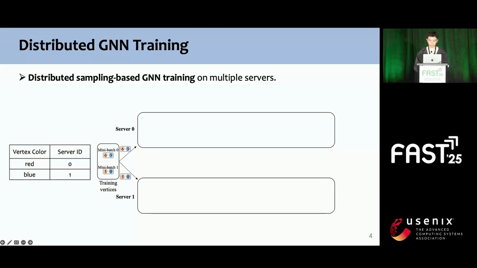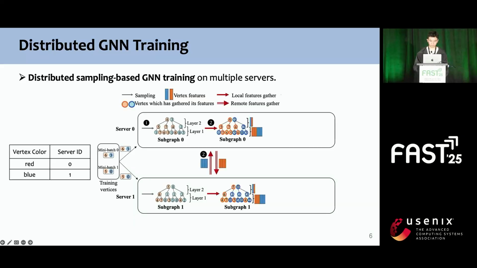Let's illustrate a distributed training iteration and highlight the performance bottlenecks. Suppose the graph and the features are partitioned across two servers, marked in red and blue. The mini-batch size is 2, which means each server's worker randomly selects two labeled vertices for training. First, each worker generates a subgraph through a two-hop sampling.